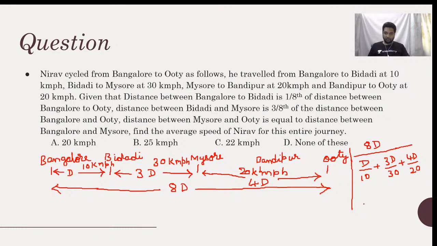So this is like 8d into 10, whole thing divided by d plus d plus 2d, which is nothing but 4d. 4d how many times? 4d 2 times will be 8d. 2 into 10, which is 20. Therefore, what is the average speed? 20 kilometers per hour, which is nothing but answer option A, which is 20 kilometers per hour. Is that clear?